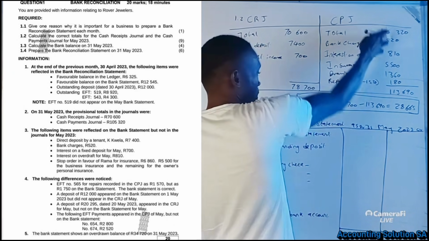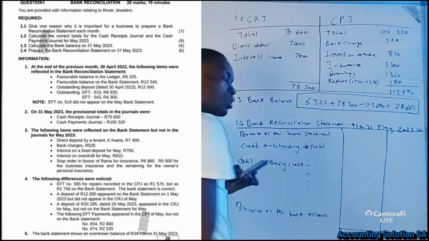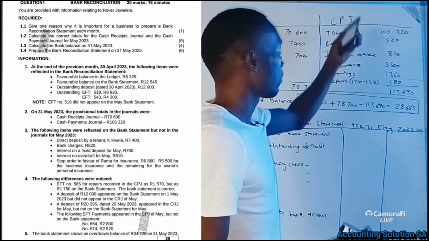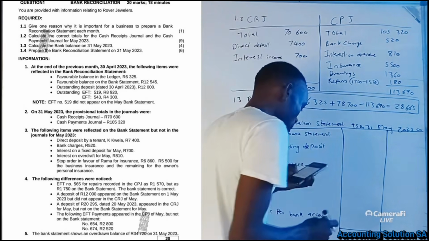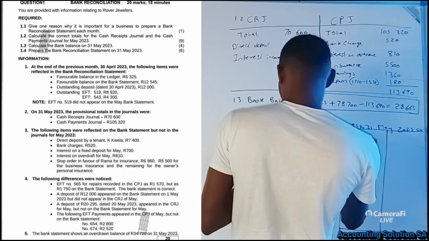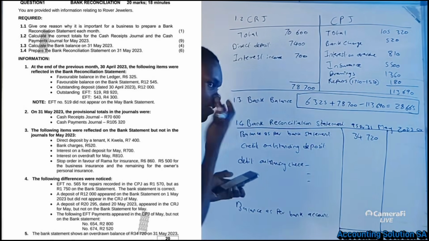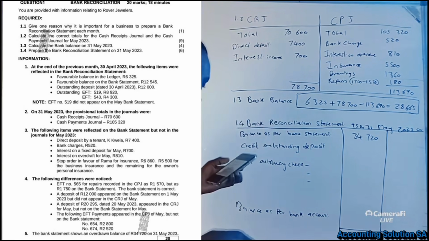Cash payment is on the debit side. Because it's overdrawn, which means that it's negative now, it's on the payment side. We owe, in other words, 34,720 this side. But if it was favorable, it was going to credit side.